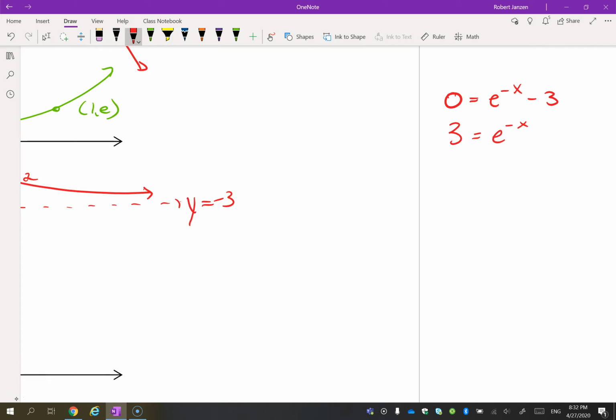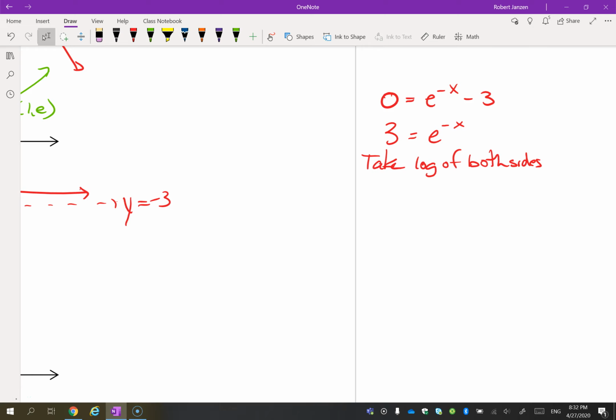Now how do we solve this equation? Well, this is one of the 3 types. There's no logs, but these bases cannot be made the same. So we're going to take the log of both sides. This is that type of equation. Now, the only thing is, because I see e, I'm going to take the natural log of both sides.